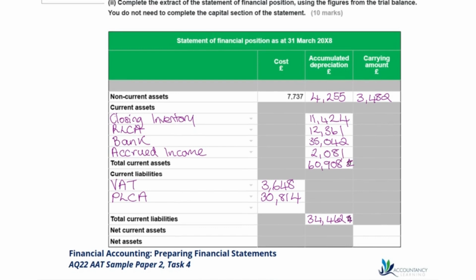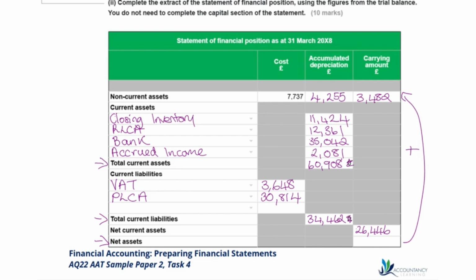So now we need to work out what our net current assets is. So we're going to take the current assets and we're going to take off the current liabilities. So that's just our net current assets of 26,446. But then to get our net assets, we need to add on our non-current assets.